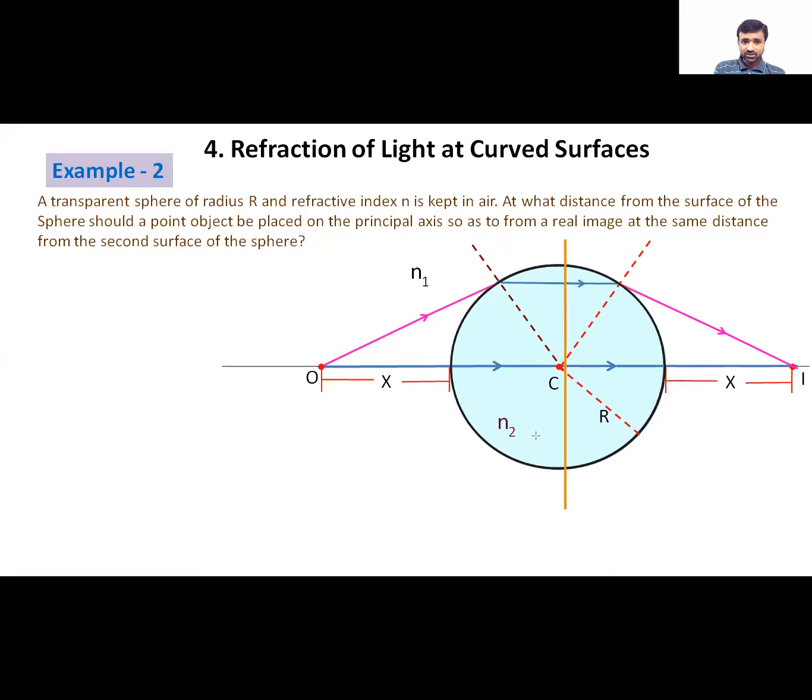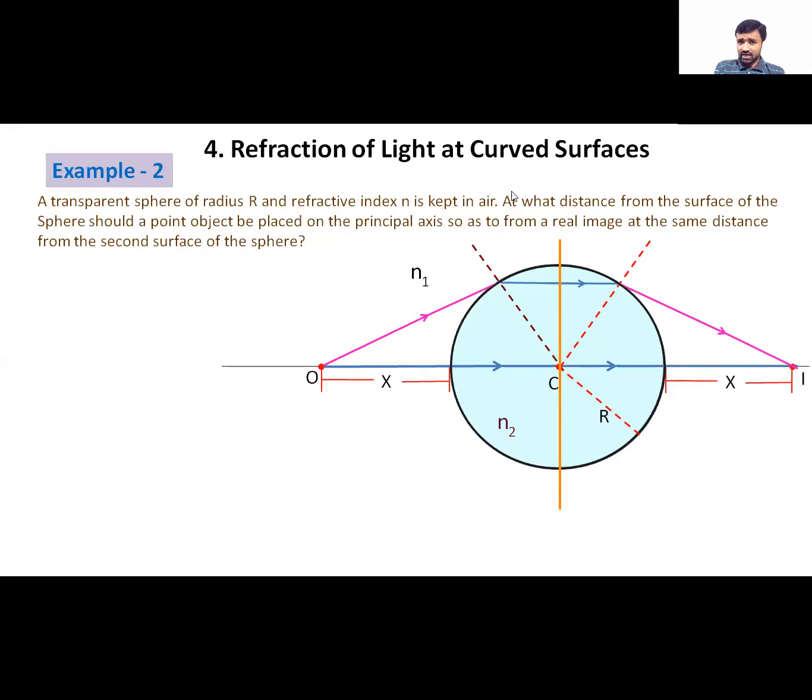It is exactly passing through the center, right? From this, on either side you can see that it is identical. Is it clear, everyone? For symmetry, either side it is the same.